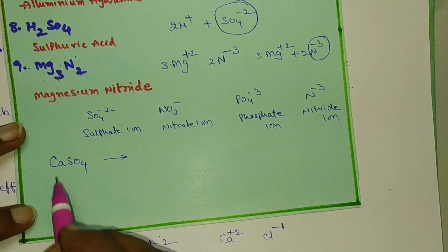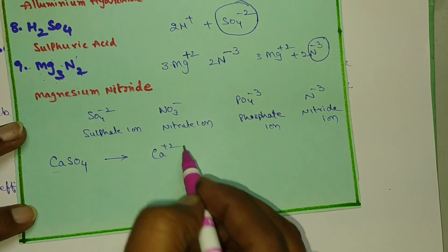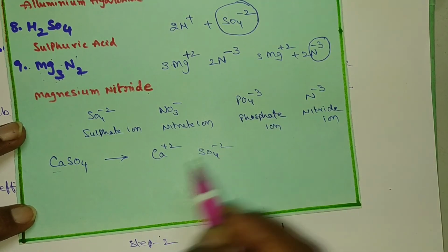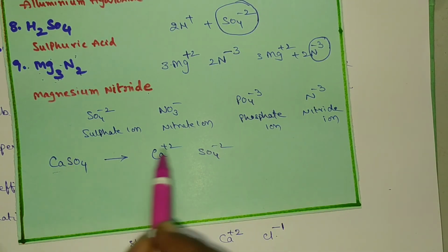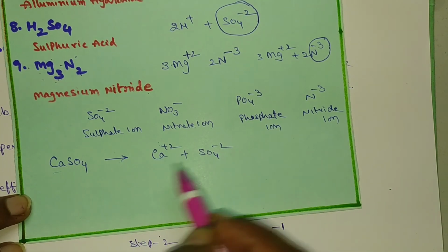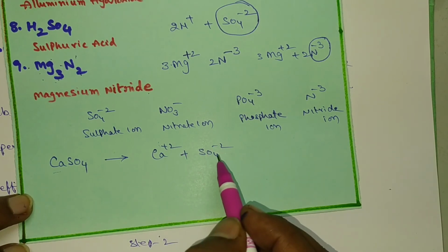Calcium belongs to the second group, so calcium always possesses plus 2 valency, and the sulfate ion becomes minus 2, since the charge on the molecule should be neutral. In this way the dissociation of calcium sulfate takes place: Ca plus 2 and SO4 minus 2.